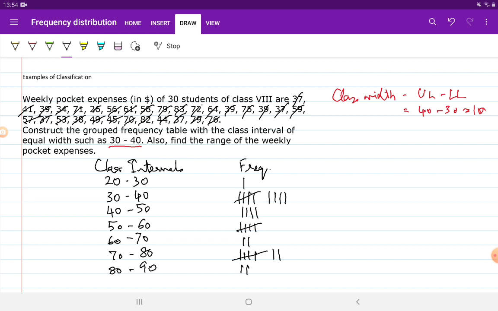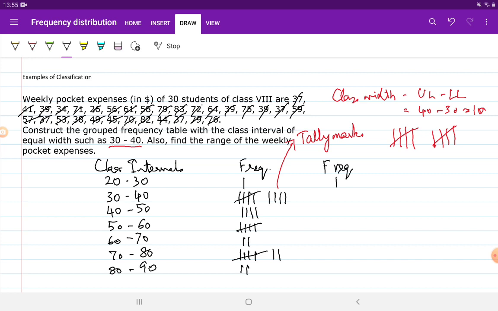These marks are called tally marks. Okay, this is the simplest method. Remember, it's 1, 2, 3, 4 and then 5 is a diagonal. 1, 2, 3, 4 diagonal. So each set of 5 is denoted by this. So obviously I can write the frequency in terms of the numbers.